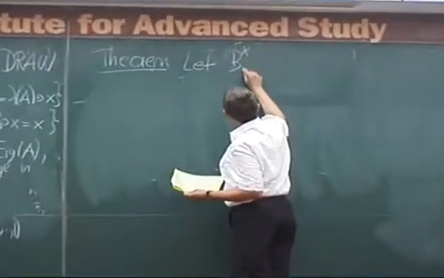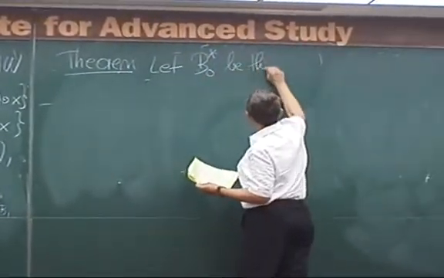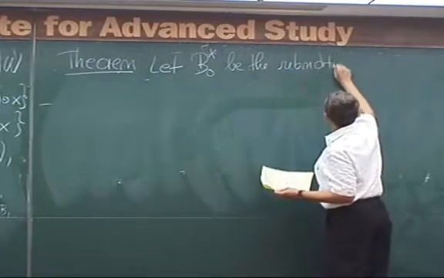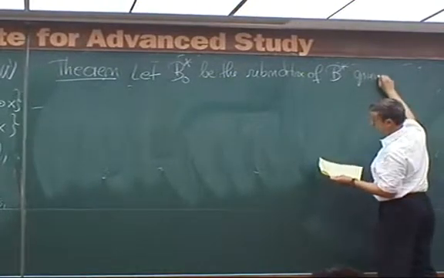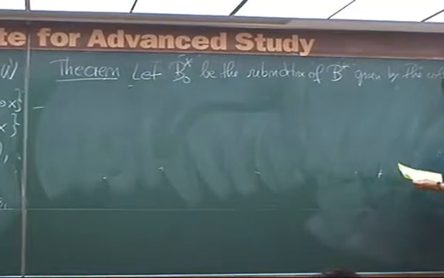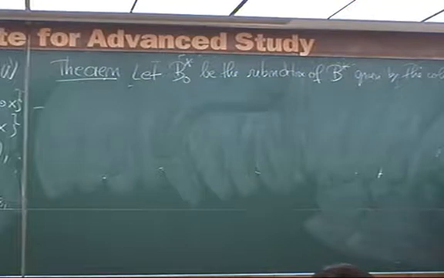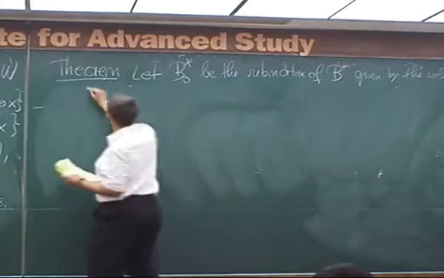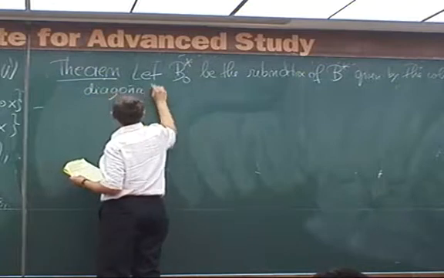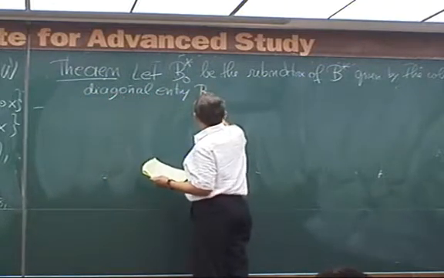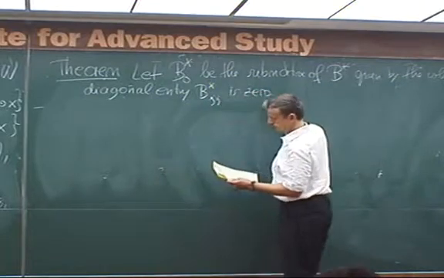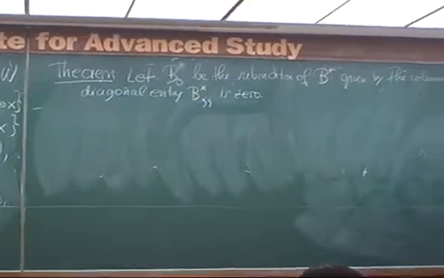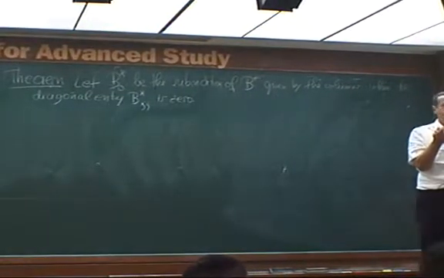So let B* 0 be the submatrix of B* given by the columns where the diagonal entry B*_jj is 0. Okay, that's what I do. So I calculate the matrix B* and I look at the diagonal. At least one of the diagonal entries will be 0.